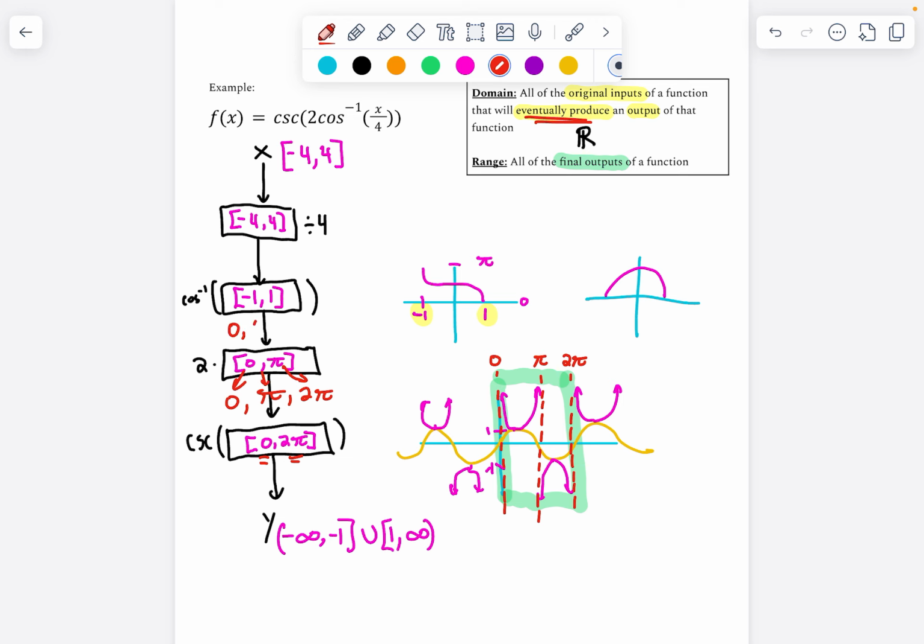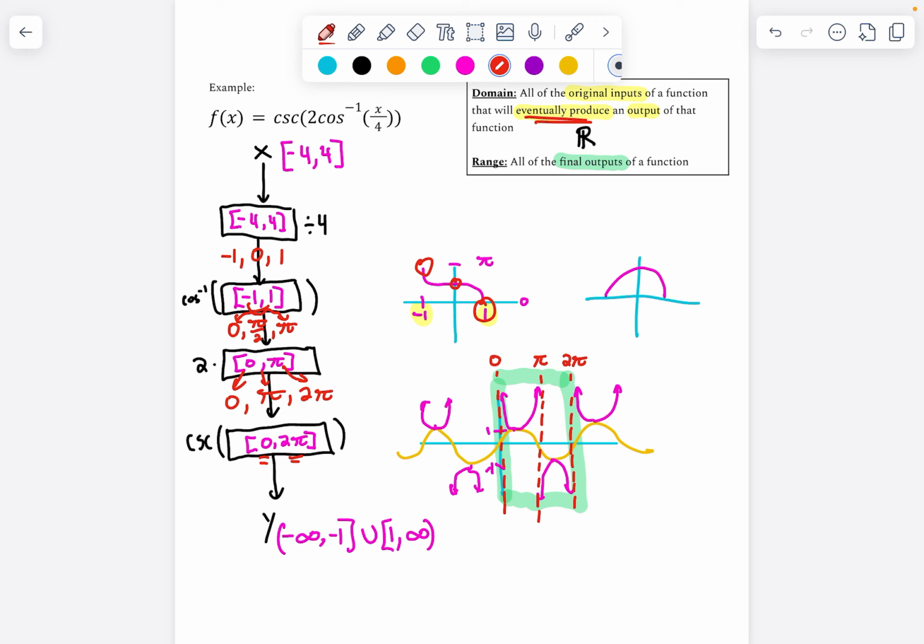So 0, pi over 2, and pi were the ones that led to those issues. Those came from the cos inverse function. Cos inverse of 1 is 0, cos inverse of -1 is pi, and cos inverse of 0 is pi over 2. So -1, 0, and 1 were our problem numbers from before.